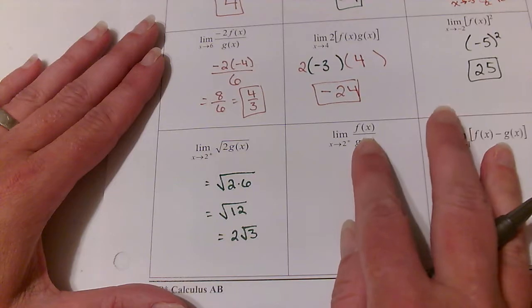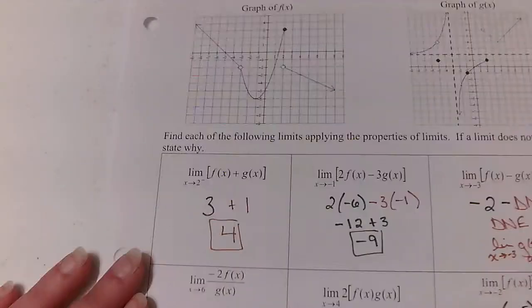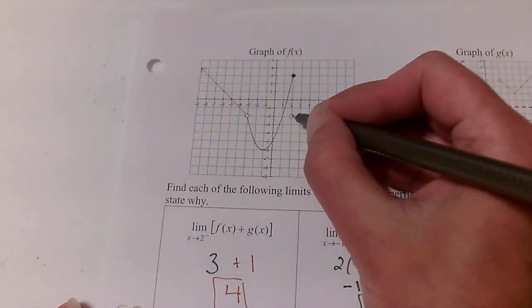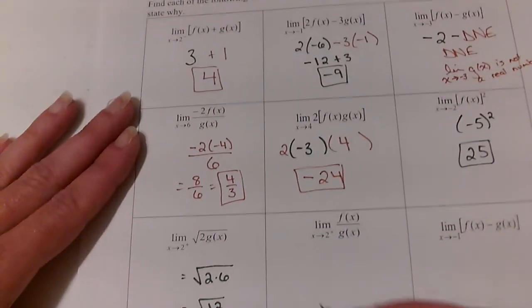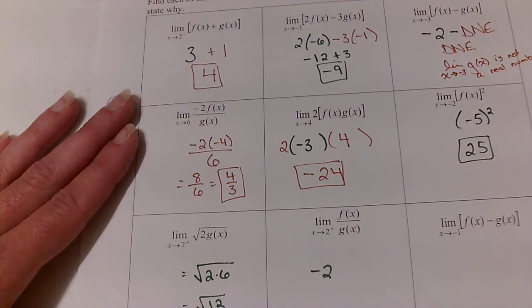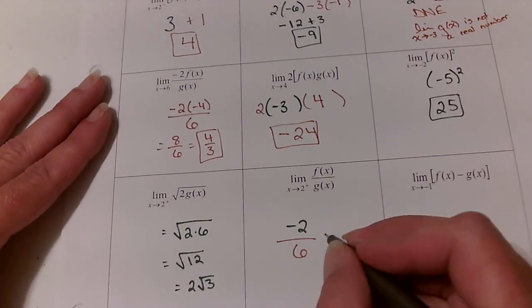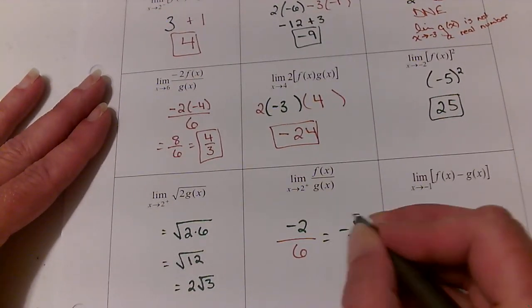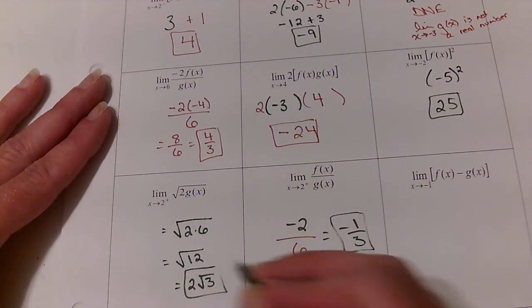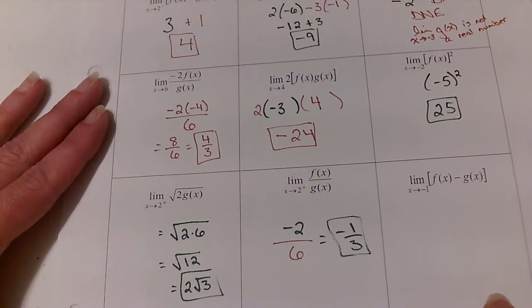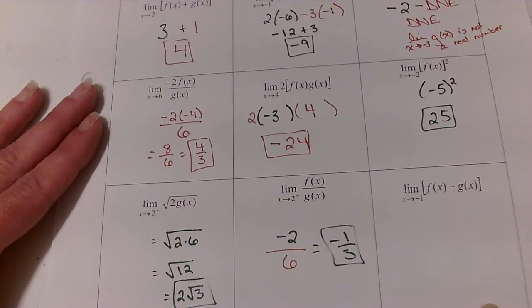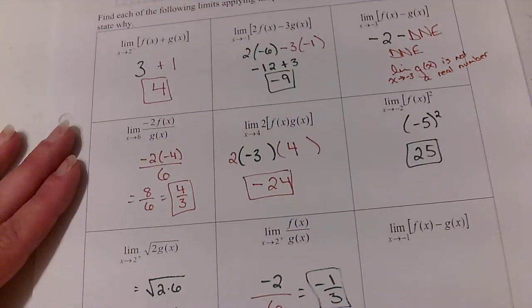2 from the right, f of x over g of x. Okay, so 2 from the right is -2. And g of x we just found was 6. So -1/3. X approaches -1, f of x minus g of x.